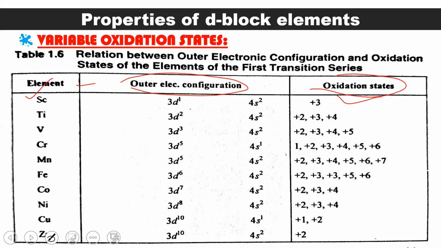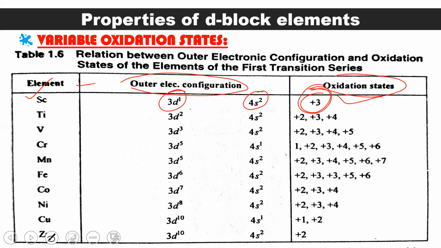Once you observe this, you can understand. Scandium will show only the +3 oxidation state, because both the s and d electrons are involved in the bond formation. That is why they show +3.